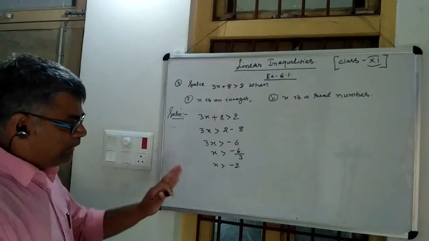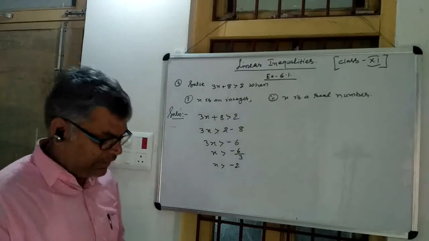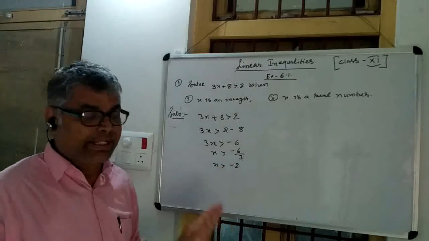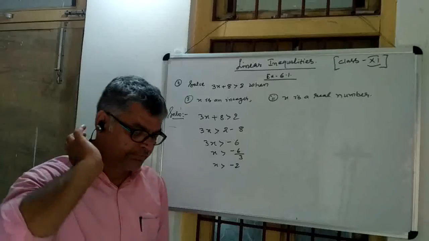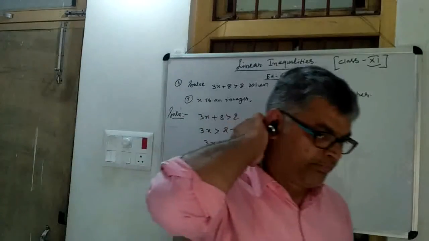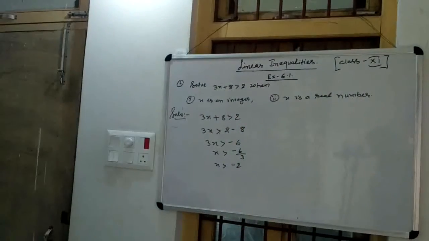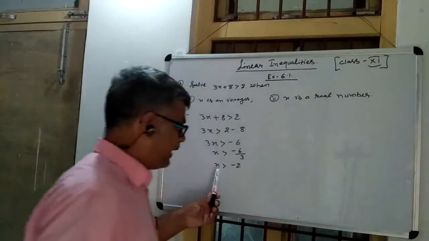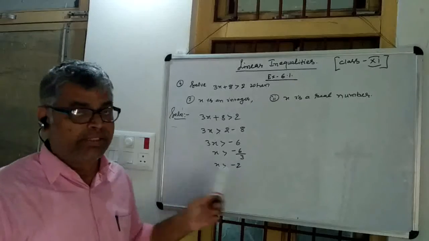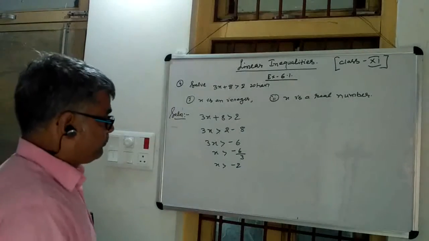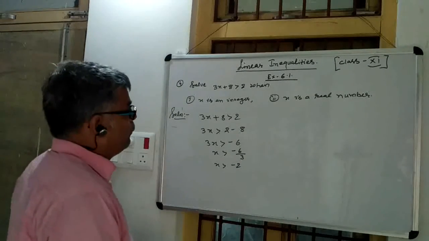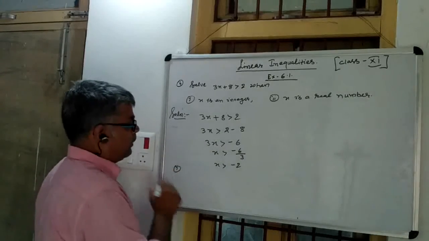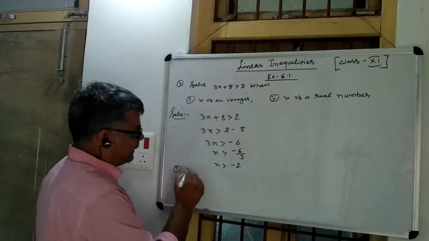Now we got the condition that this inequality consists of all the values of x which are greater than minus 2. So now the first condition is given when x is an integer.